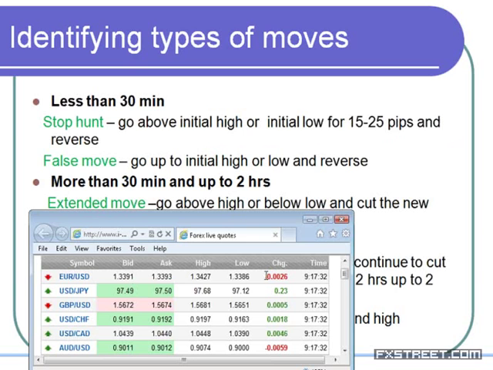In the case of Euro, they've gone below the initial low, and in the case of GBP, they've gone above the initial high by about 15 to 25 pips, and reverse in less than 30 minutes. If they reverse in less than 30 minutes, then it is a stop end.